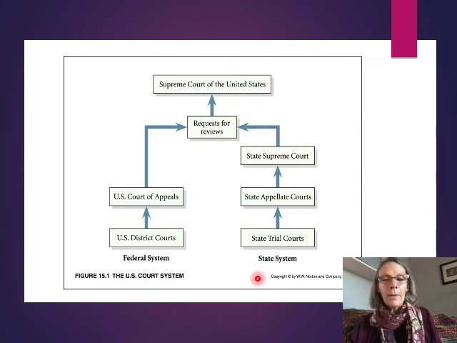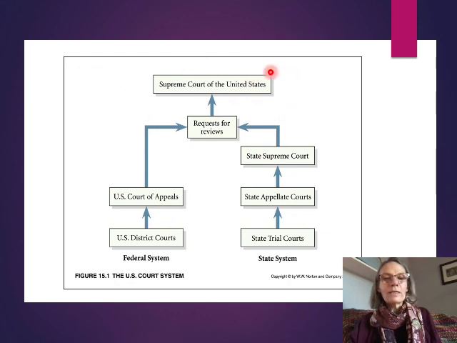Okay. And also, if you're suing somebody that lives in your state, that civil suit is going to take place at the state level. So right off the bat, if it's a federal issue, it's dealt with on this side. If it's a state issue, it's dealt with on this side. Again, that's a reflection of federalism.